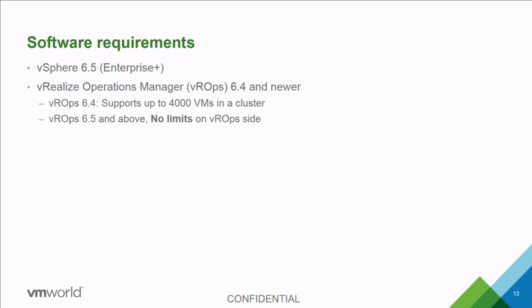In 6.4, VROps supported 4,000 VMs in a single cluster for predictive DRS, but that limit was removed starting from version 6.5. So in summary, if you have vSphere 6.5 with Enterprise Plus license and VROps 6.4 or above, then you already have predictive DRS. You just need to enable and start using it.